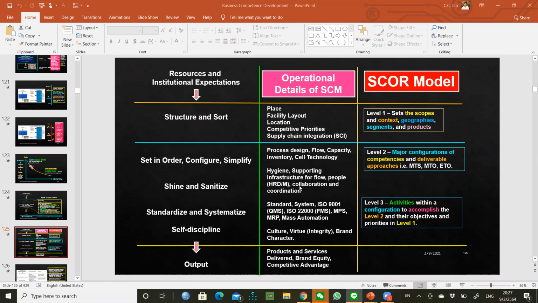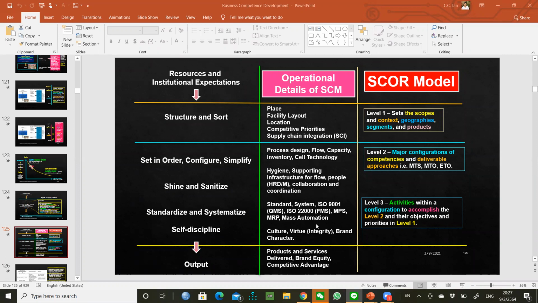These are called sharing, right? So sharing involves a lot of coordination, collaboration, human resources, supporting infrastructures, and all the secondary activities in your value chains, which also play a very important role in sustaining and sharing growth.